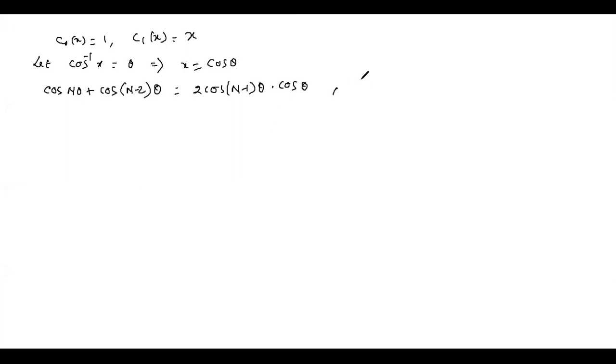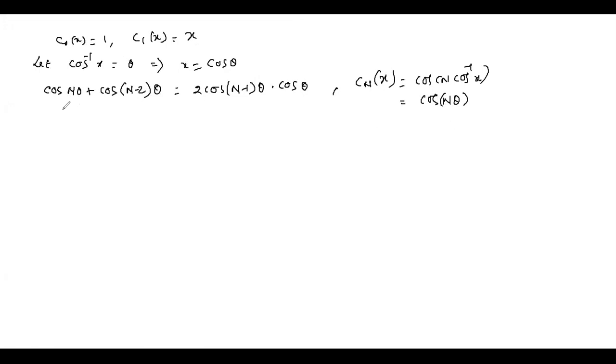Now what is your Cn(x)? It is cos(n cos⁻¹x).